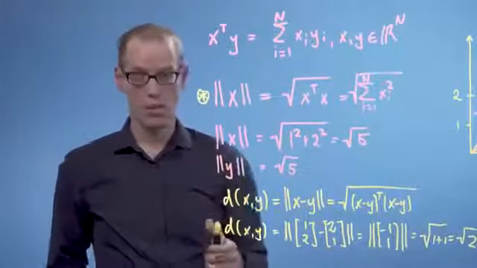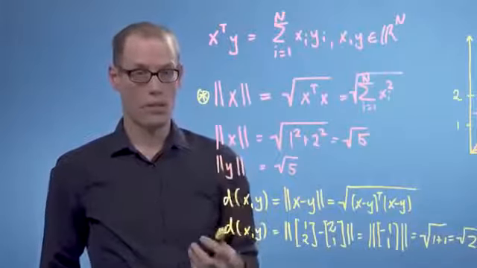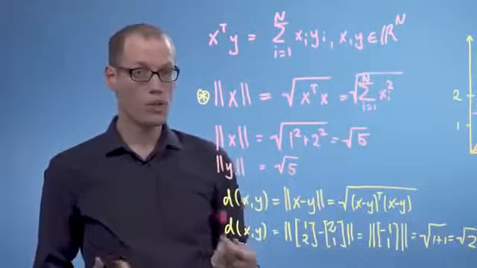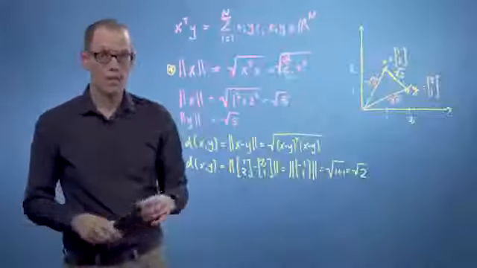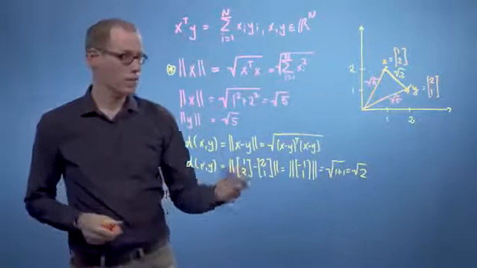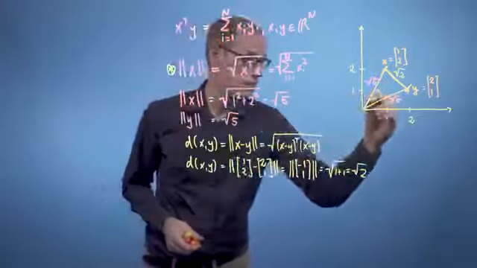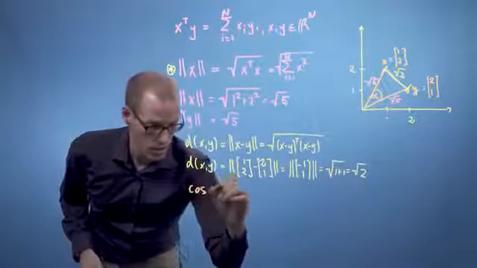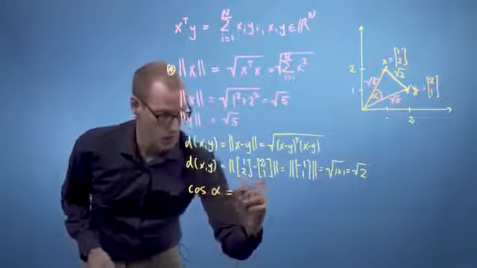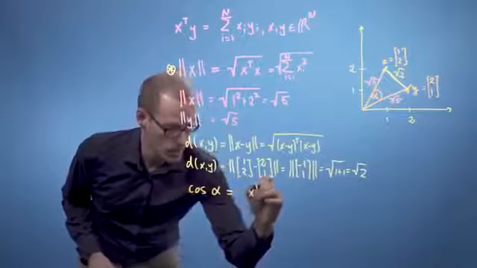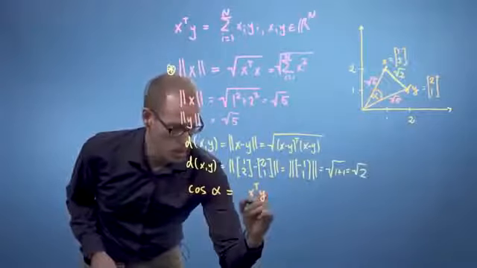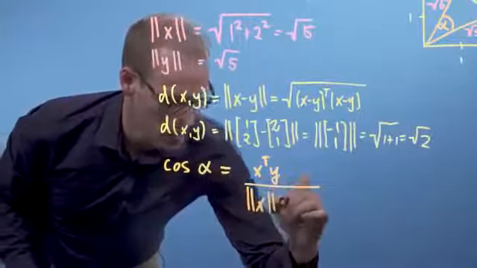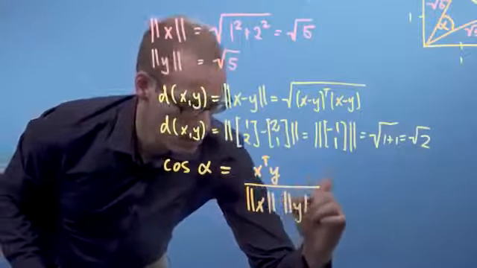The last thing we are still interested in is the angle between two vectors, and we can compute the angle also using the dot product. Let's call this angle alpha. The cosine of alpha is given by x transpose y divided by the length of x times the length of y.